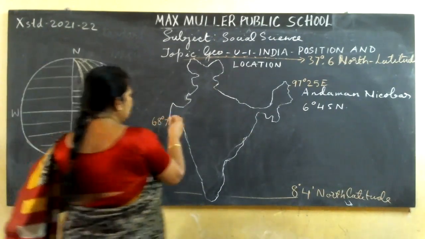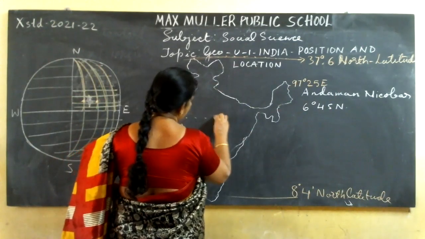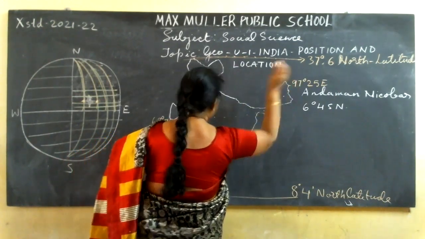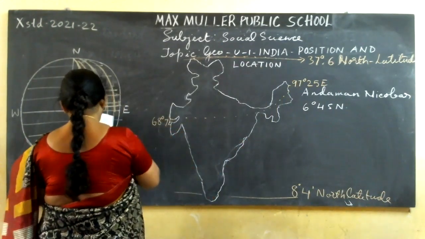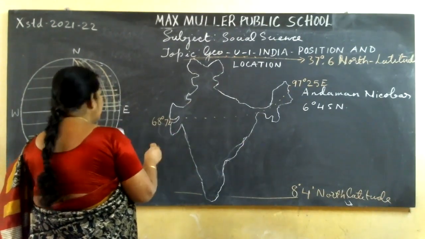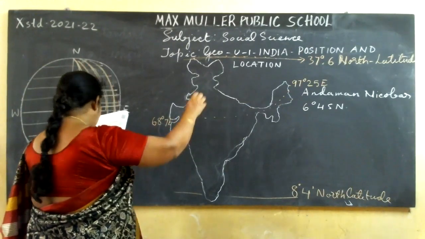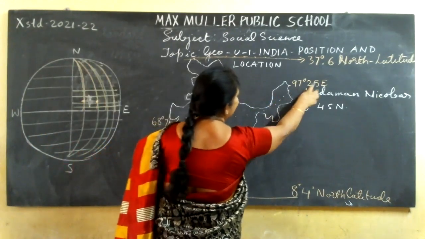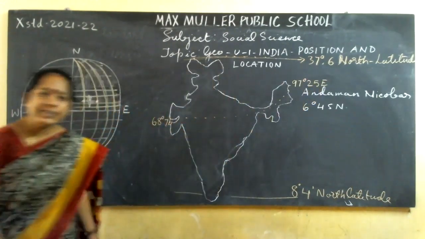So from here to here, see the longitudinal extension, it is 68.7 degrees and next 97.25. Is it clear?